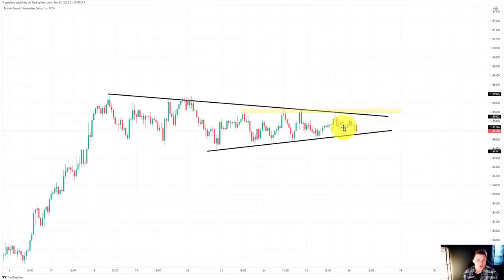And what you will often see is that as the market moves into the pennant, the range of the price action becomes smaller and smaller, because the room between those lines within the pennant becomes narrower and narrower. And very often you will see that by the end, when the price action in the pennant is getting very small, that is where the breakout happens.